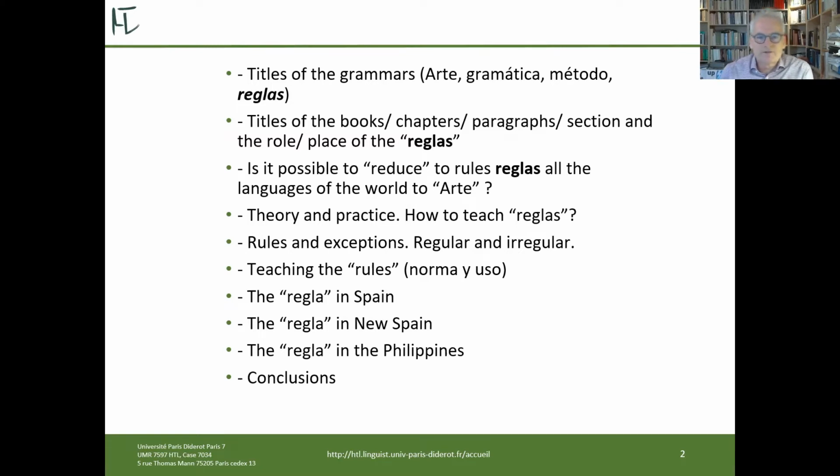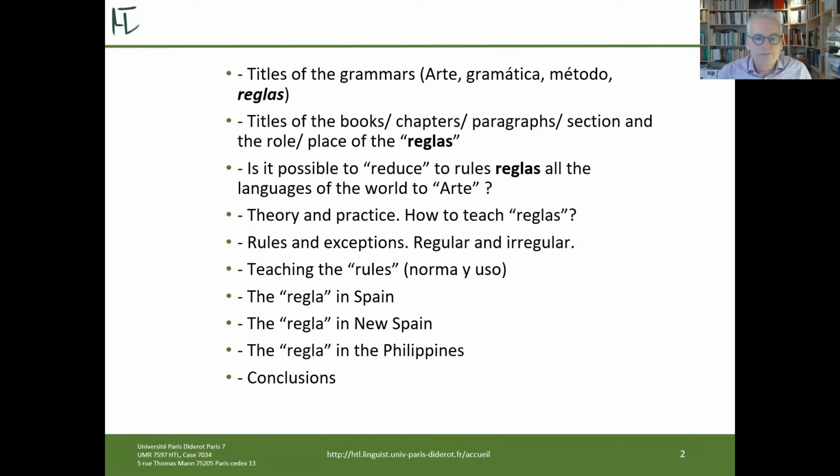And this is linked to a discussion which was very popular in those days. I'm talking, of course, about the period of the 16th, part of the 15th even, but 16th, 17th and 18th centuries. There was a discussion about the use, the uso, and the norma, and what a grammar needs to describe.